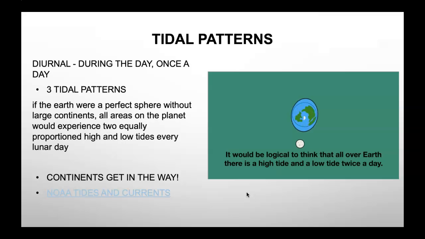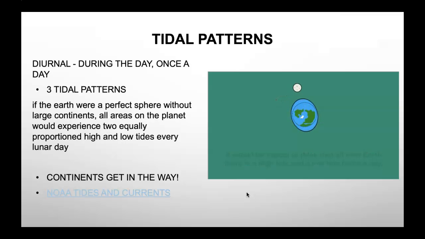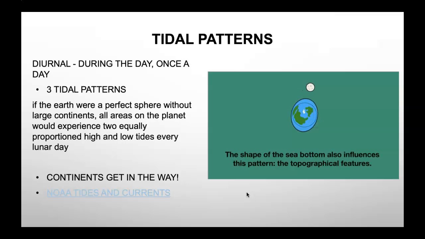Earth takes 24 hours to rotate. So it would be logical to think that all over Earth there's a high tide and a low tide every 12 hours. So twice a day. But this is not the case. The shape of the sea bottom also influences this pattern. We call this the topographical features of the sea bottom.